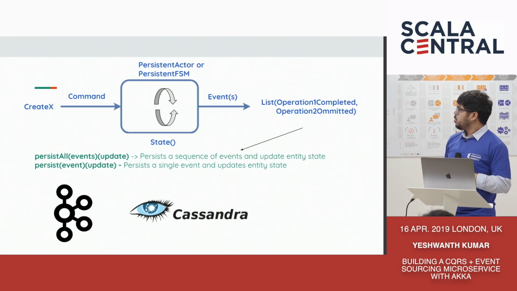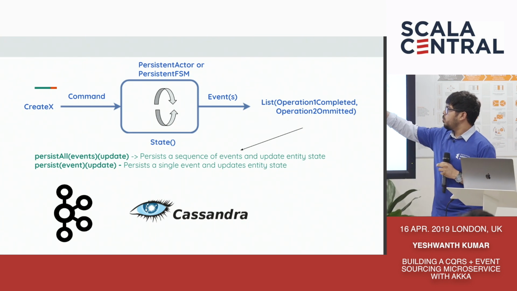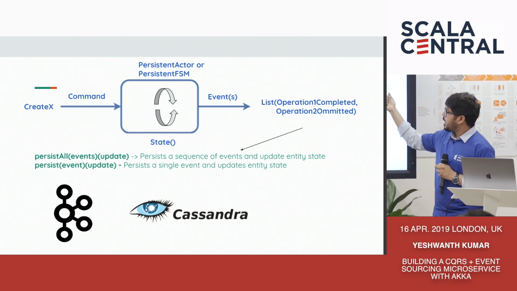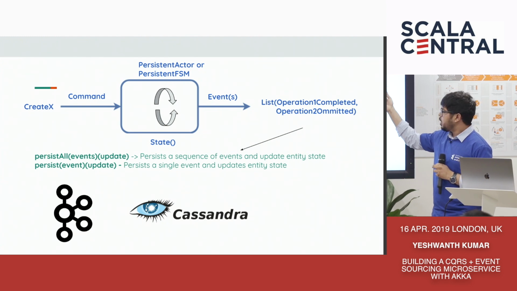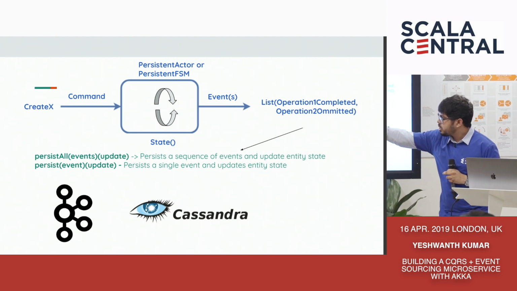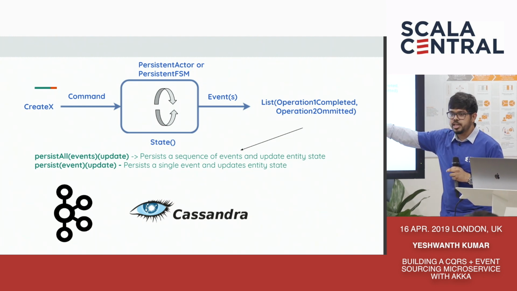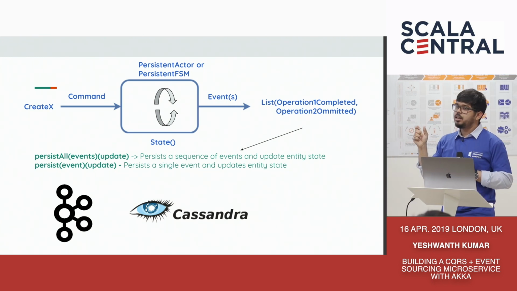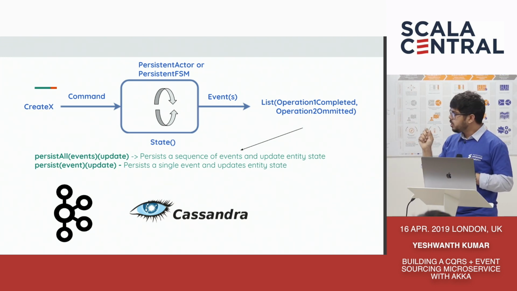Yeah, so basically now a command comes in, we're able to update the state, and we're able to get a list of n number of events. Now we literally need to call persist all in our receive command, pass the list of events, and then pass a function which gets called, which basically updates the actor state. So entities can have a var, and they hold the state.